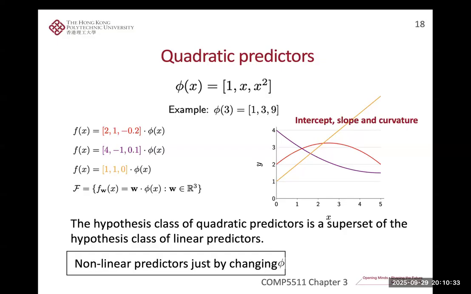We still use our previous hypothesis class, linear. We have two components: one is the weight vector, the other is the feature extractor. What we changed is just the feature extractor. We just add one quadratic term of the features, x squared, to deal with these nonlinear features.